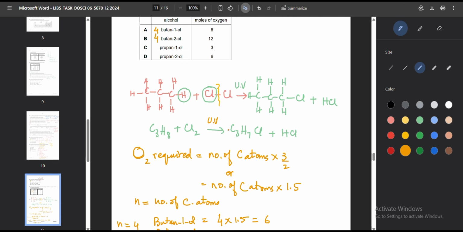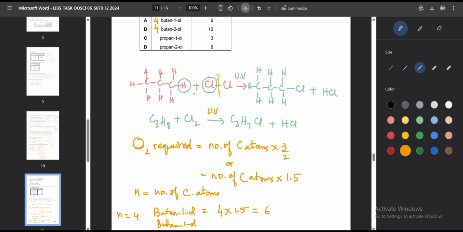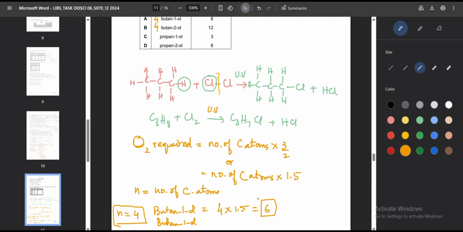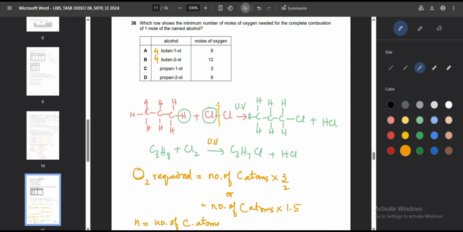So let's see. If the carbon number is 4, whether it's butane 1-ol or 2-ol, how many moles of oxygen are required? You need 6 moles. So that means this option A is the correct one. 12 is the incorrect one.